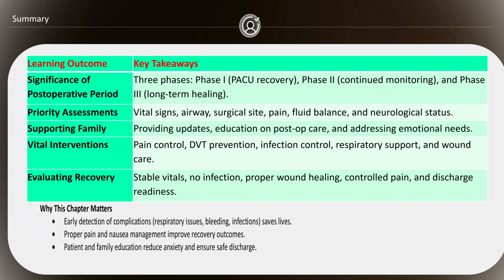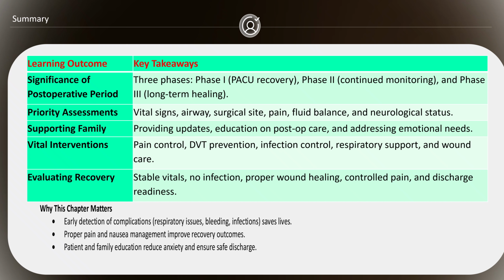Oh, we made it! It's the summary, finally. So why does this chapter matter? Early detection of complications saves lives, proper pain and nausea management improves recovery outcomes, and patient and family education reduces anxiety and ensures safe discharge.